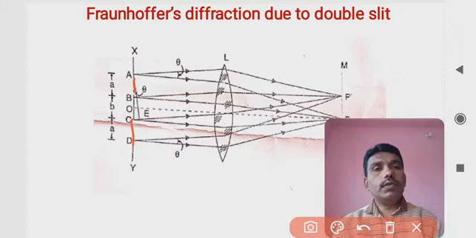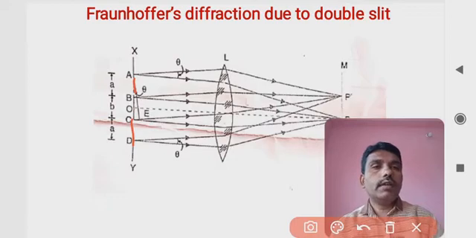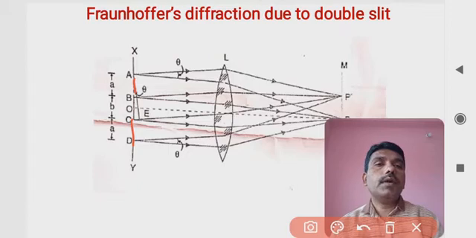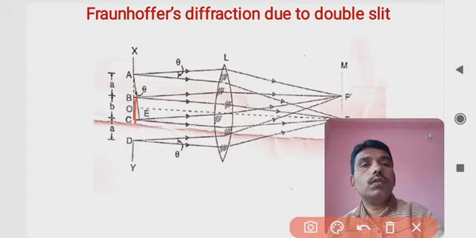These are the two slits where the light is going to travel, transmitted through this transparent part, and this BC is nothing but the opaque part. So this is the BC.